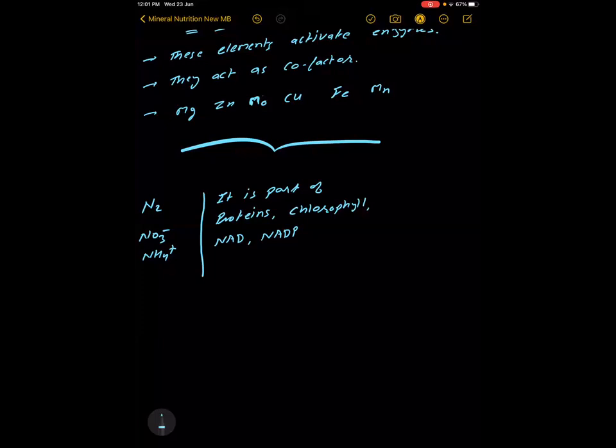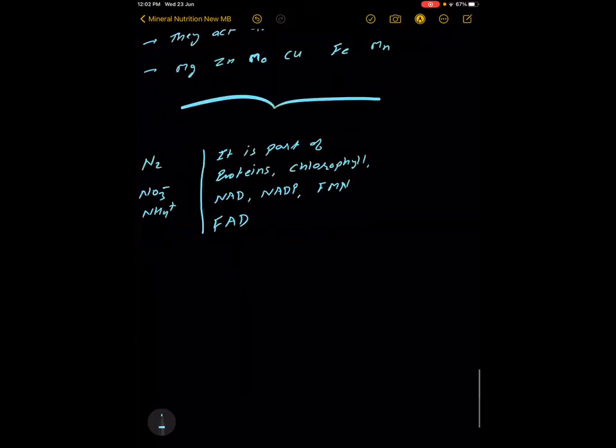Similarly flavin mononucleotide and flavin adenine dinucleotide. Nitrogenous bases form DNA and RNA, so it is part of DNA and RNA also.